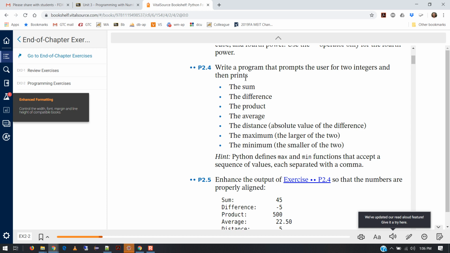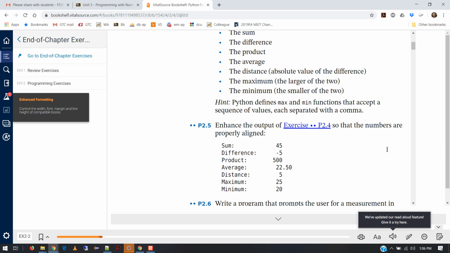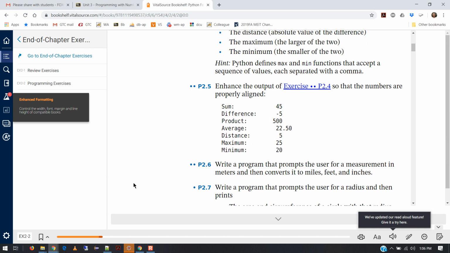It says write a program that prompts the user for two integers and then prints the sum, the difference, the product, the average, all that. And we did that in class, right? But what they want us to do in 2.5 is to take that same exercise and just simply enhance the output. In other words, use some of those little layout things that they gave us, those little shortcuts, to make it look better. That's all there is to it.